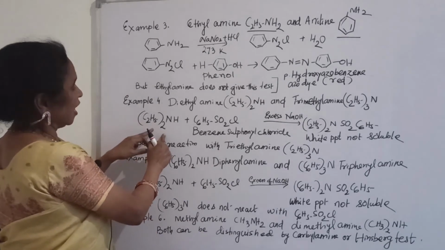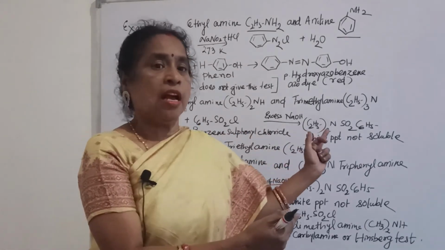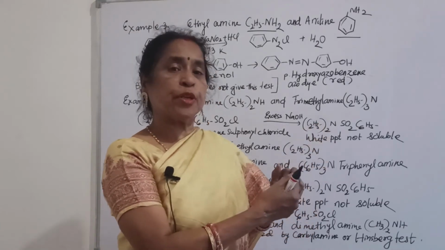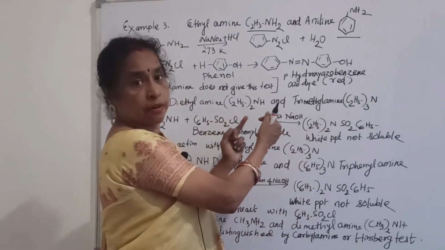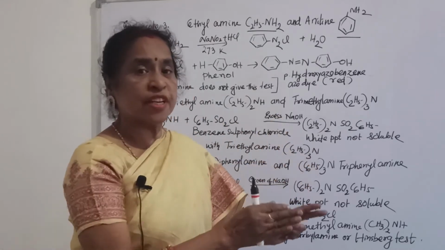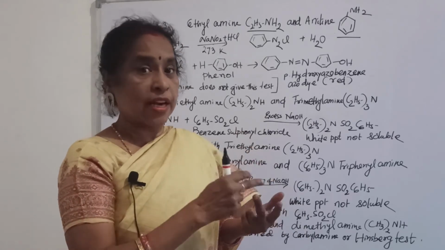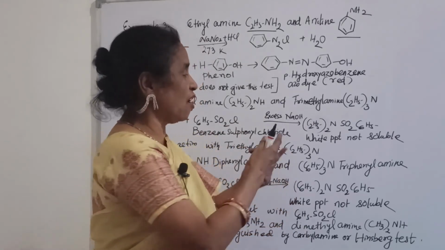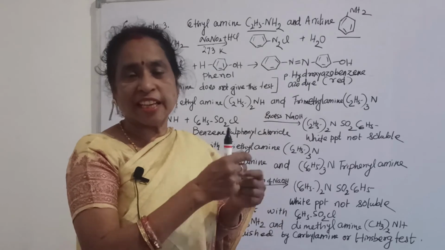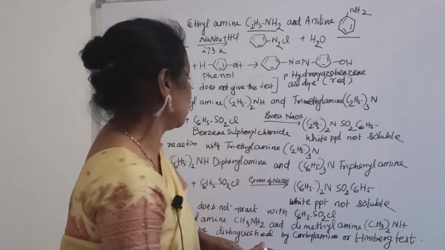Now see, yes, this is diethylamine and C6H5SO2Cl. It gives the product which is a white precipitate, in the presence of excess NaOH, it is only a white precipitate, that precipitate never dissolves in excess of NaOH, whereas primary amine will dissolve the white precipitate in excess of NaOH and will give clear solution.